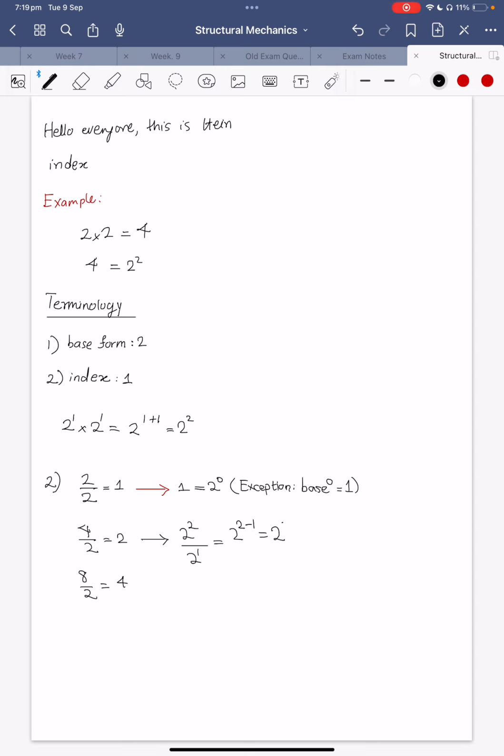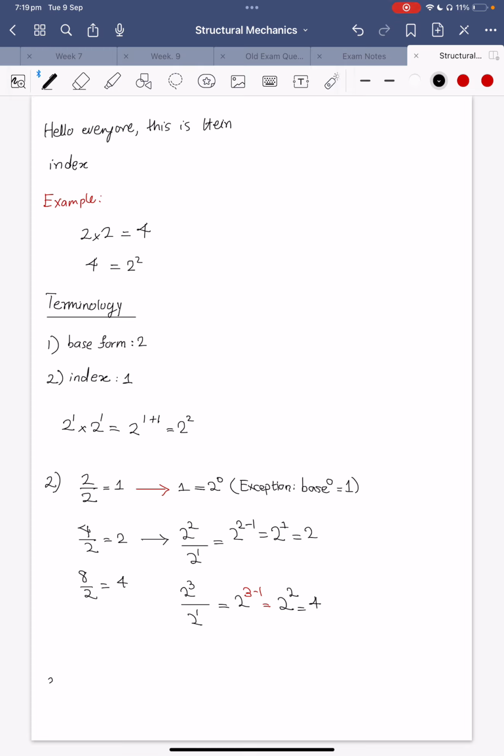So 2 to the power of 1, which is just 2, right? The same goes for this: 2 to the power of 3 divided by 2 to the power of 1 equals 2 to the power of 3 minus 1, which gives you 2 to the power of 2, which gives you 4, right? So this is the second scenario.